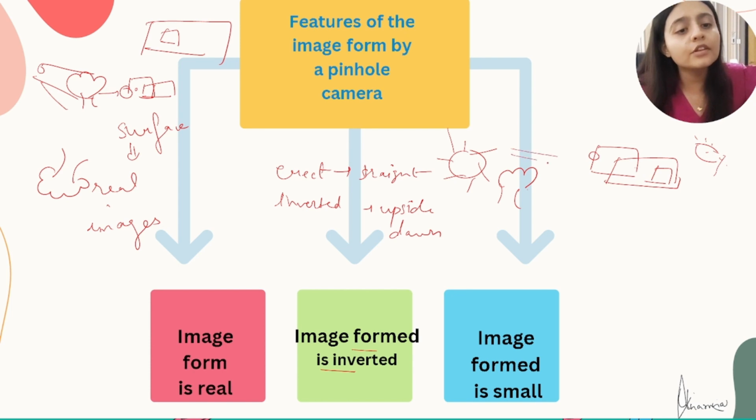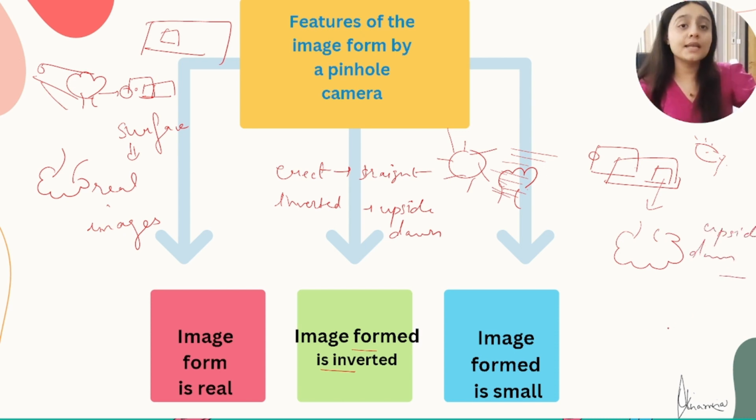The source gives light rays on the object. Now you can see the image on the screen, and this image of the tree is inverted, meaning upside down. It is real, but it is inverted and small.